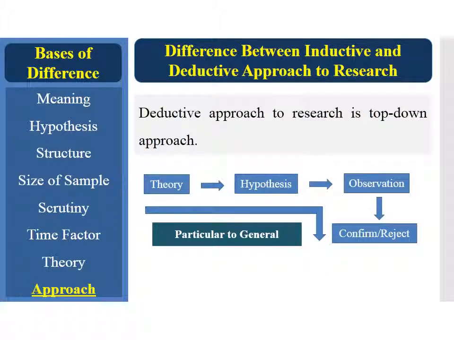From the viewpoint of the deductive approach, the theory already exists, and to test that theory, the hypothesis is made, that is null hypothesis and alternative hypothesis, and the observation is done for checking the hypothesis, and if the hypothesis is correct, then the theory is correct, while the confirmation analysis is done in the hypothesis part.